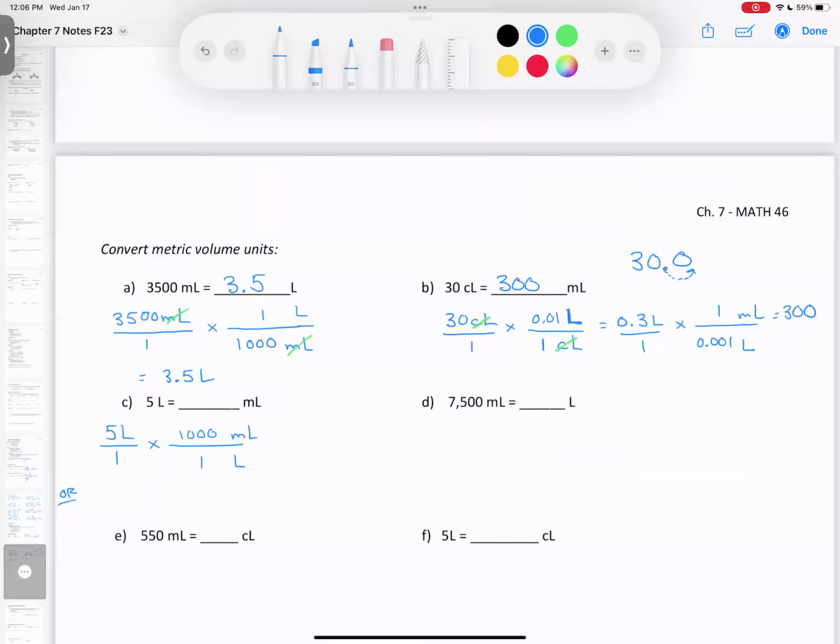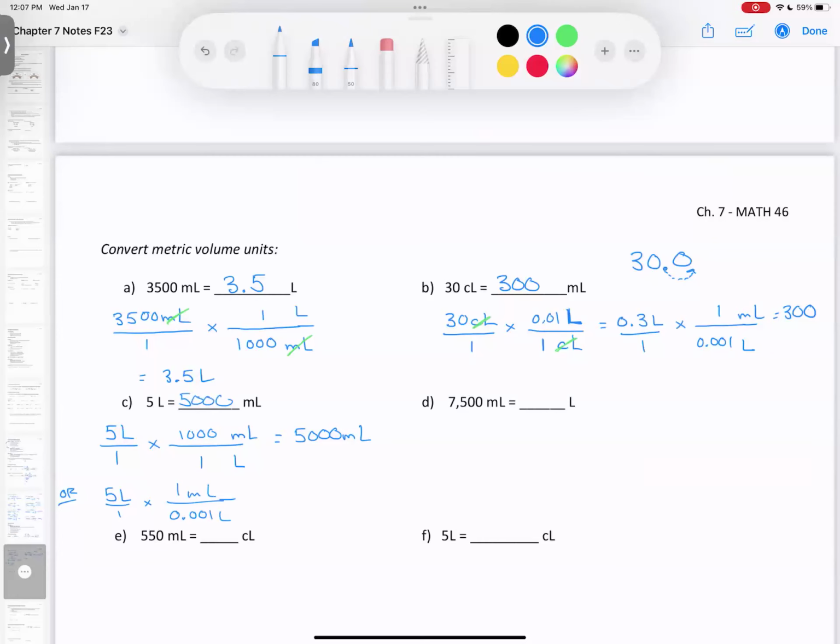Or if you happen to use your staircase, you would have found 1 milliliter is the same thing as 0.001 liters. These two methods are equivalent. Either way, you will end up with an answer of 5,000 milliliters.